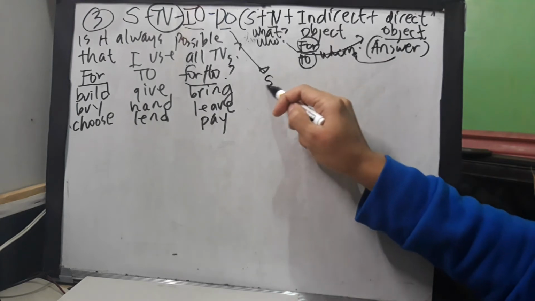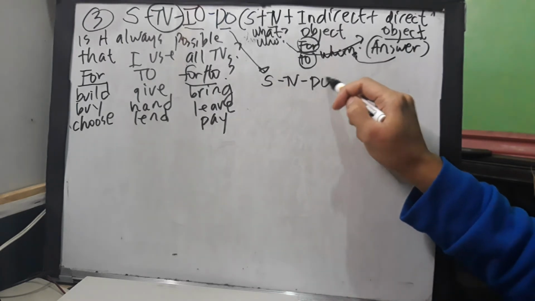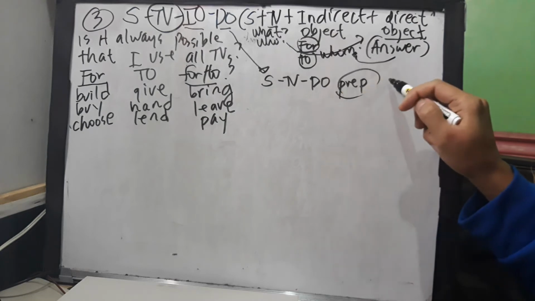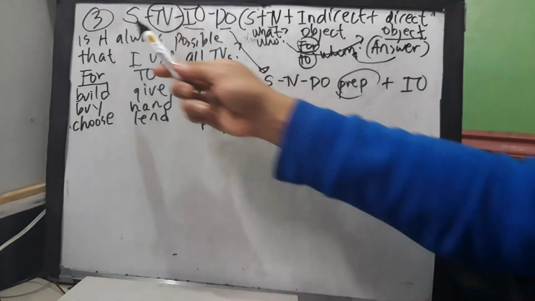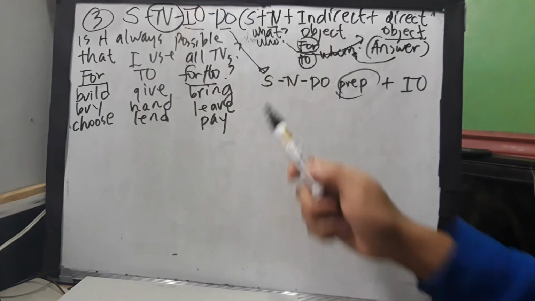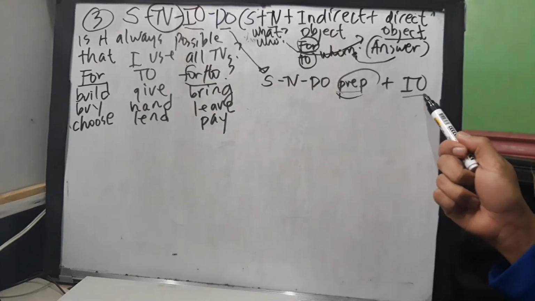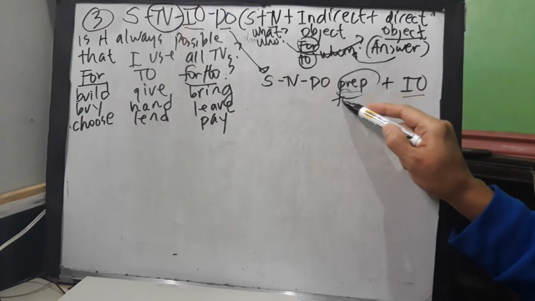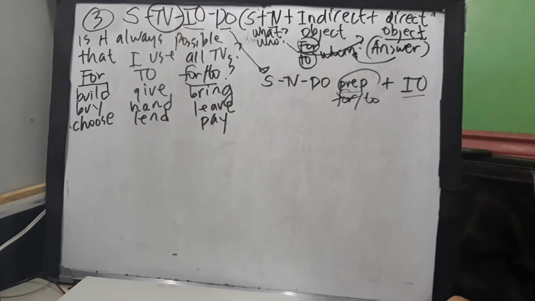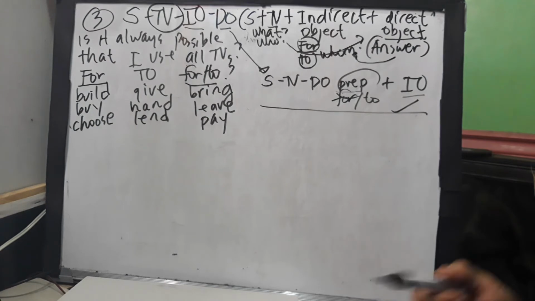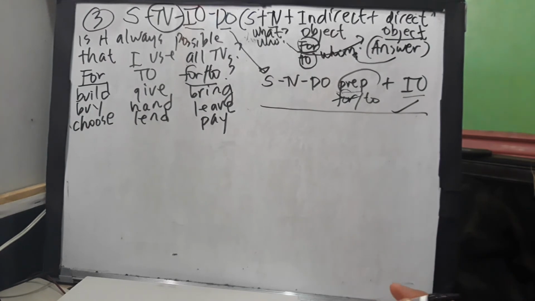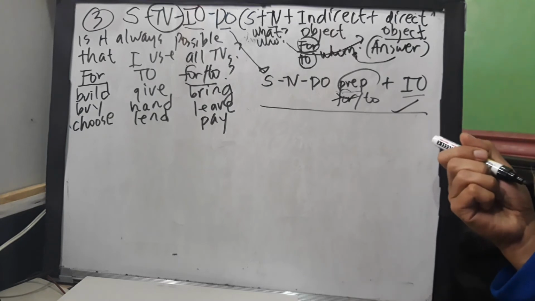You can use the pattern STVDO plus preposition plus IO. As you notice, guys, there you can use two patterns. You can simply use STVIODO, or you can use STV DO preposition plus IO. So the preposition here, you should know whether to or for. And honestly, most people usually use this one. Even students, or even in our simple conversation, this is the most commonly used pattern.